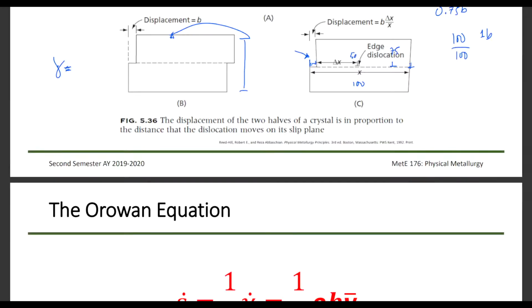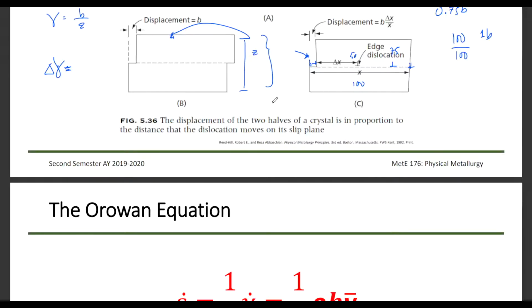We can say that delta gamma, if the strain is full, is equal to B over Z, where Z is the height of this crystal. If it's the full value, then we can do something like that.